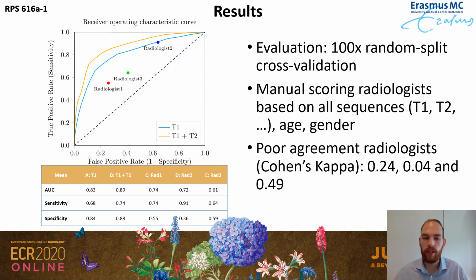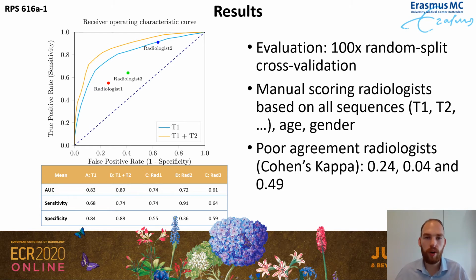For example, AUC is 0.83, and you can see that when we add a T2 sequence, the performance improves a bit. We also asked 3 radiologists to manually score all these patients and had access to the T1 scan, the T2 scan, all other sequences, age and gender, and their performance is also plotted in this image. You can see that their performance is similar or for 2 radiologists a bit below the curve.